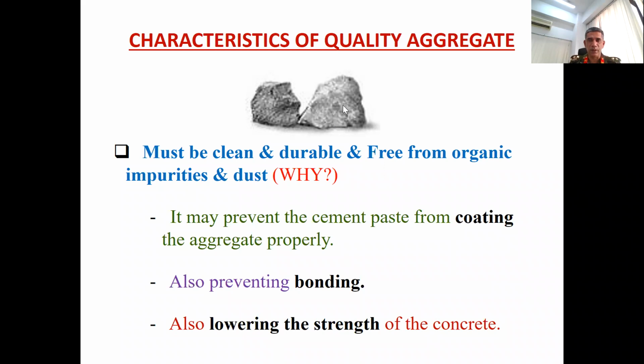What happens? The cement acts as a coating, surrounding the aggregate. So if the aggregate is surrounded by impurities or dust, then the coating will not take place. As a result, the bonding between the cement and the aggregate will not take place, and the strength of the concrete will be poor due to the poor bonding.